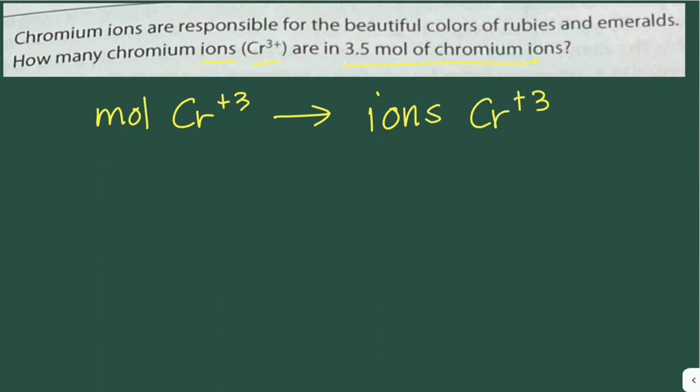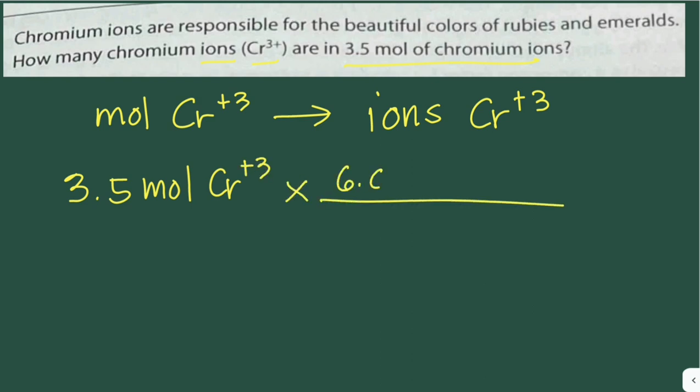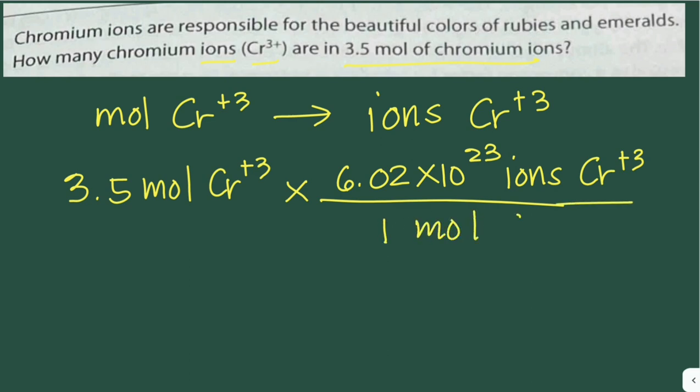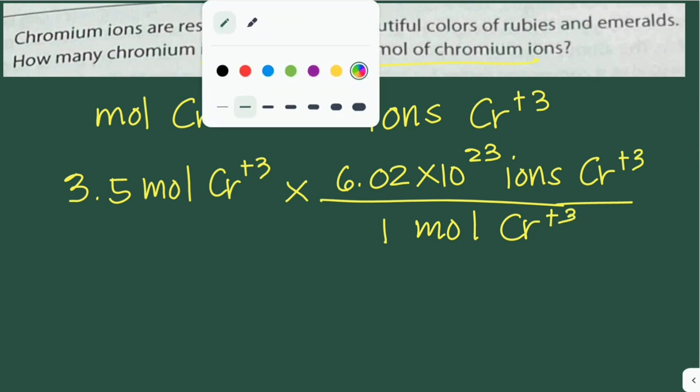Cr+3. And again, we will use the conversion factor using the Avogadro's number. So this is just 3.5 moles of chromium ions times 6.02 times 10 to the 23rd chromium ions is to 1 mole of Cr+3.